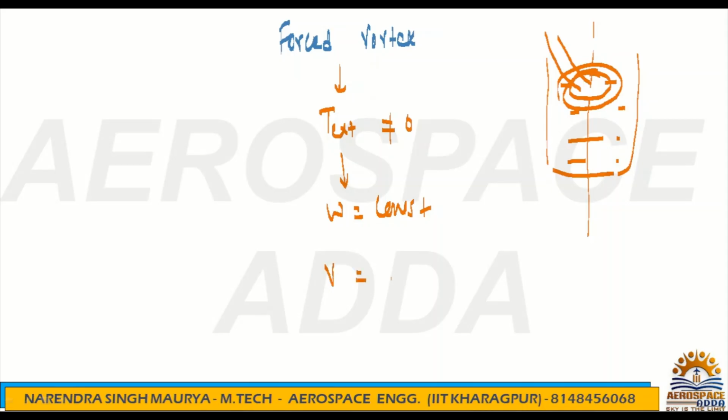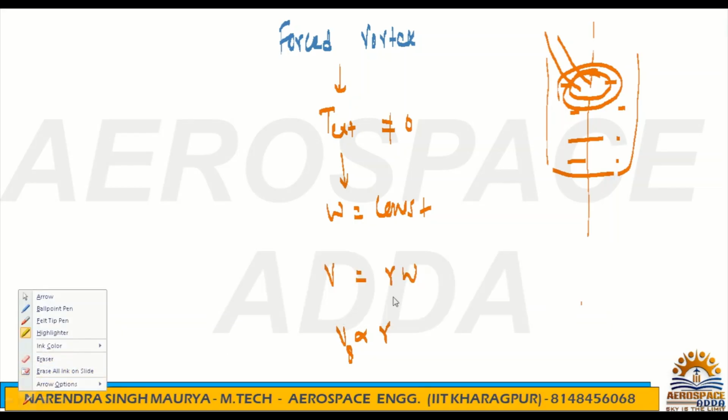If you know the formula, V is equal to r omega. If omega becomes constant, then V is directly proportional to r. Suppose this is the vortex motion.